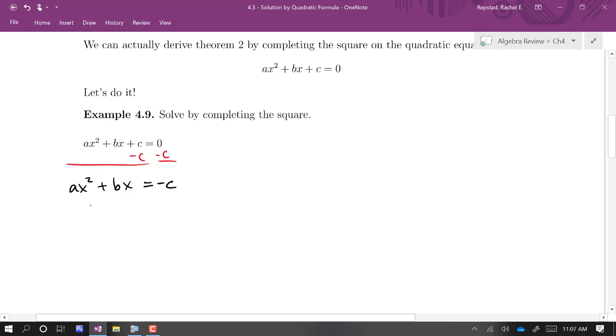And the coefficient on x squared needs to be 1, so I'm going to divide all terms by a. Now the coefficient on x here is b over a times x, and I'm going to leave some space for the magic. This is equal to negative c over a.